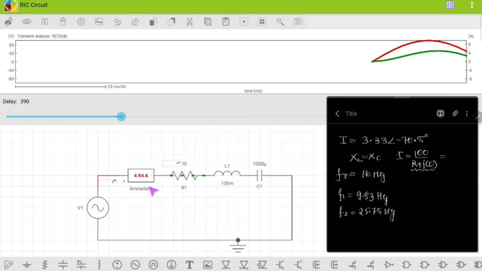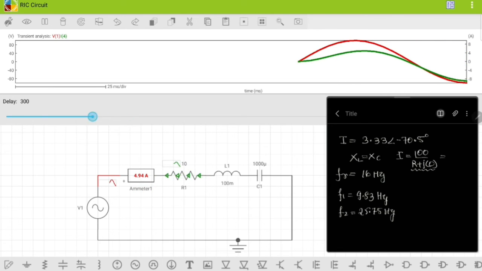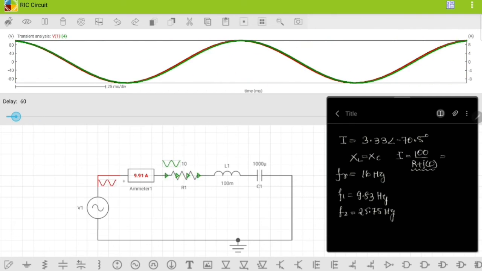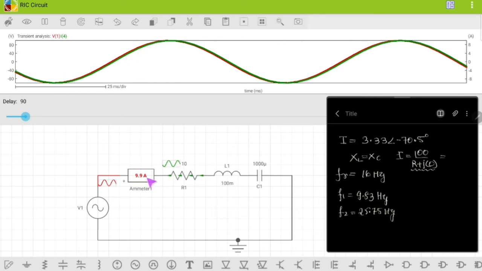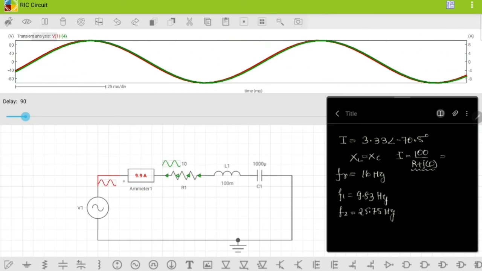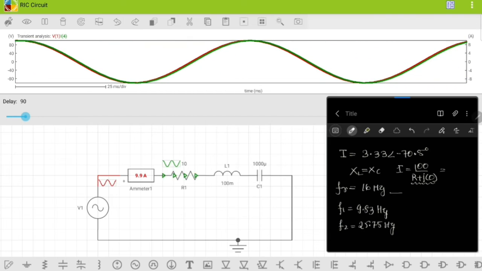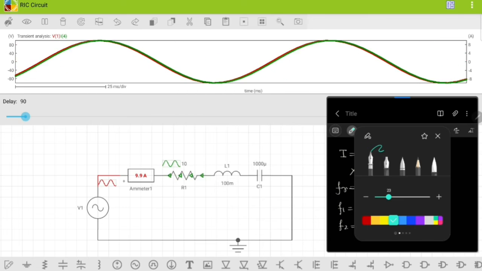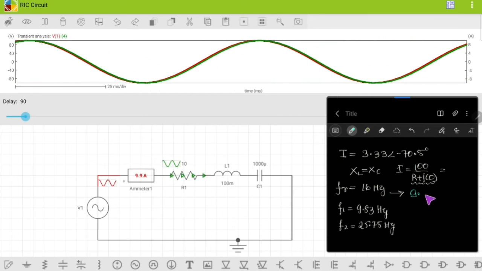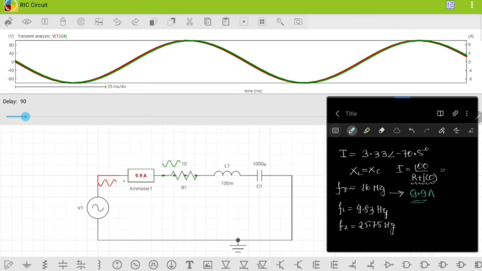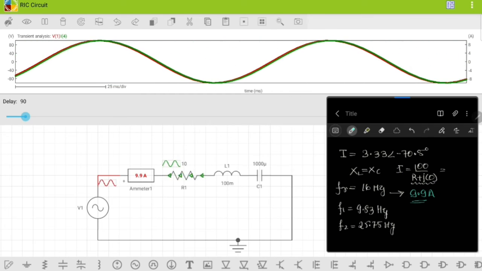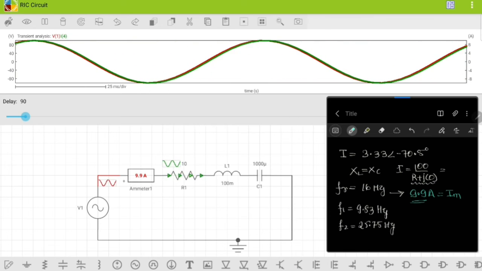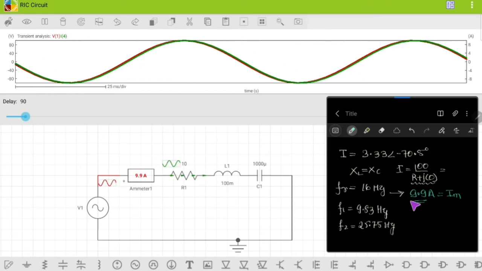See, at resonant frequency, our value of current becomes 9.9. Okay, so let me mention here, at resonant frequency, our current is 9.9 ampere. So this is nothing but Im, the maximum current.